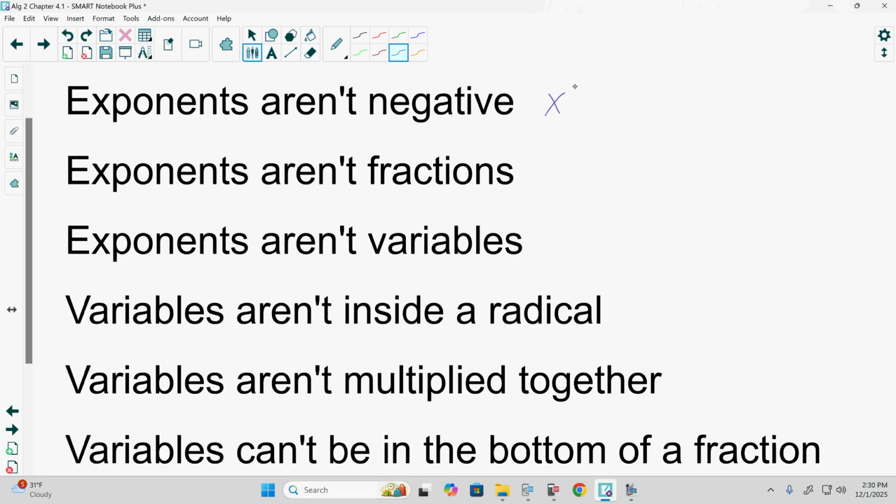That means we can't have x to the negative 2. We're mainly going to focus on our variables being x, but I can't have x to the negative 2 or x to the negative 3. The exponent attached to a variable cannot be negative. If it is, it's not a polynomial function.